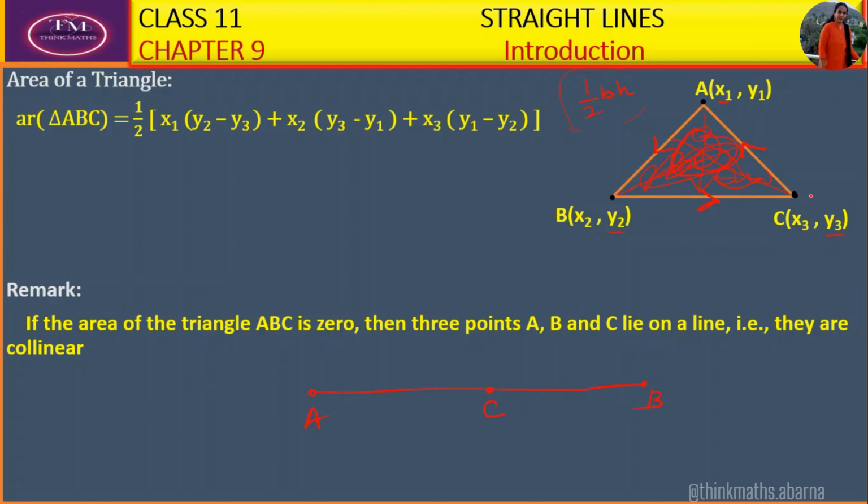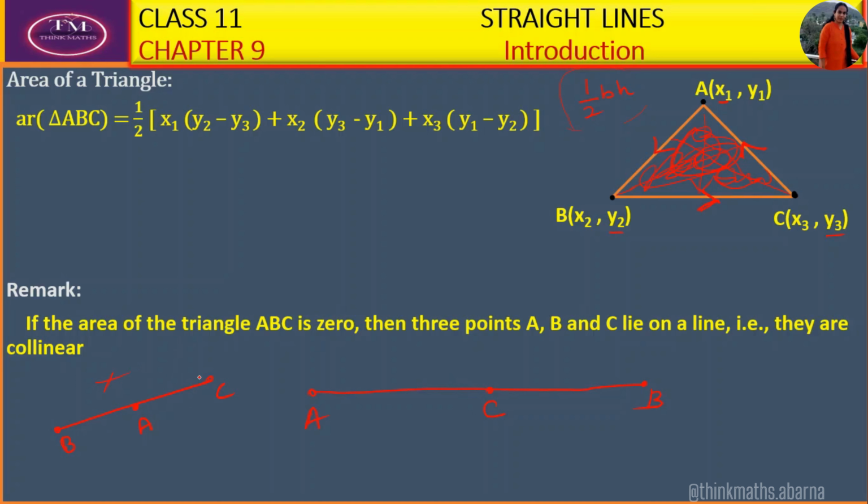Now if you take base BC and you have A here, if the area is 0, this A will lie on the line BC. So there will not be any area.